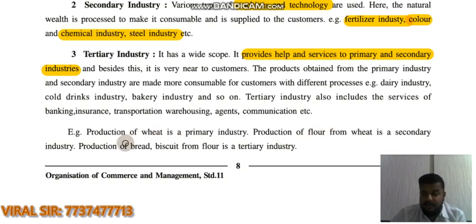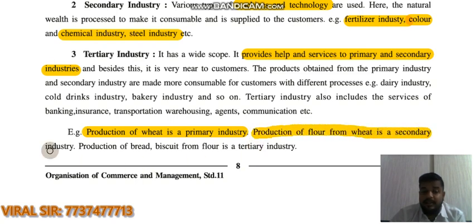Now this is the best example to understand primary, secondary and tertiary industries, but we'll make a certain change in this. Production of wheat is a primary industry. Now production of flour from wheat is a secondary industry, or we can say production of flour and bread from that flour is a secondary industry.